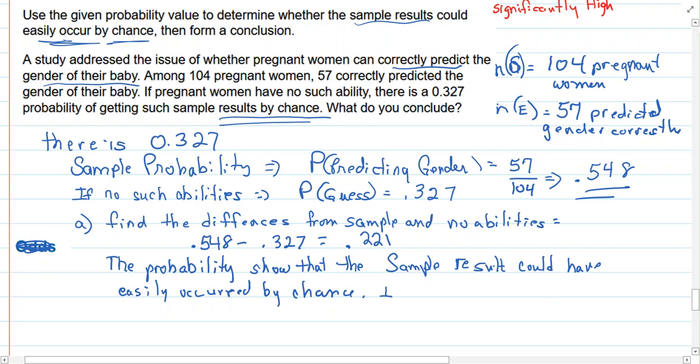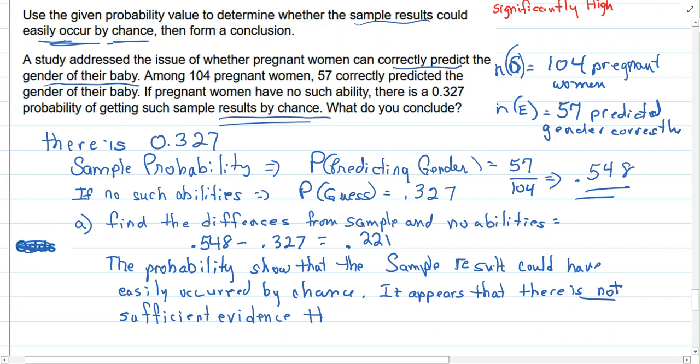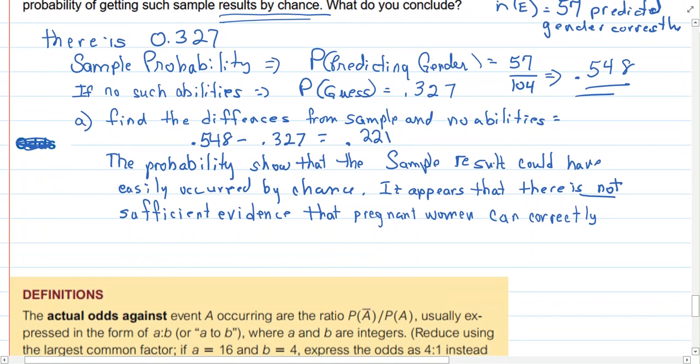It appears that there is not sufficient evidence that pregnant women can correctly predict the gender of their babies.